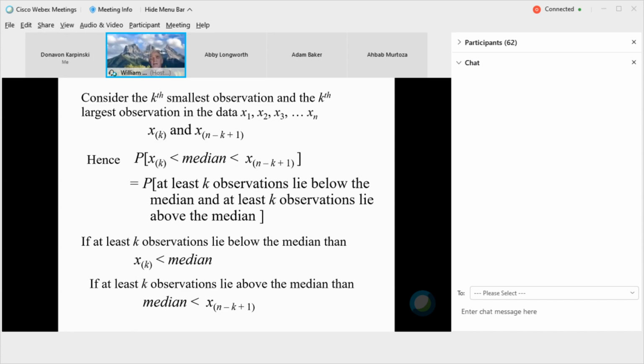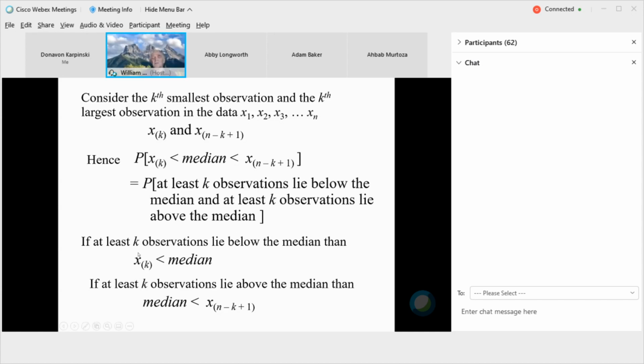The probability that the median is between those two values: this will be true if there are at least k observations below the median, and this will be true if there are at least k observations above the median. This is the kth largest, and this is the kth smallest.